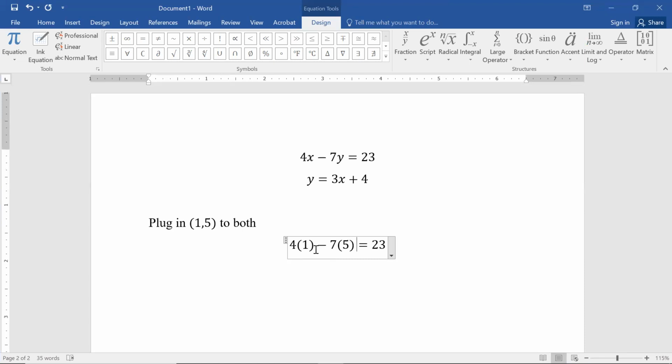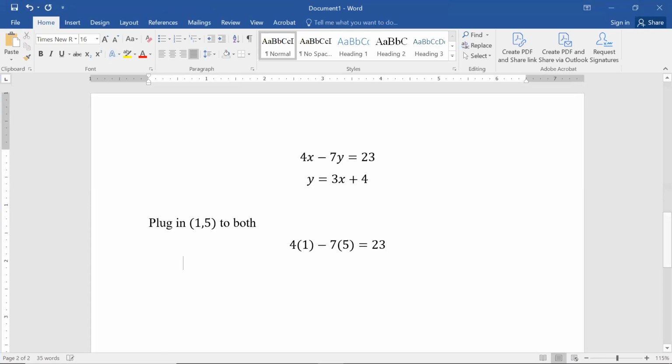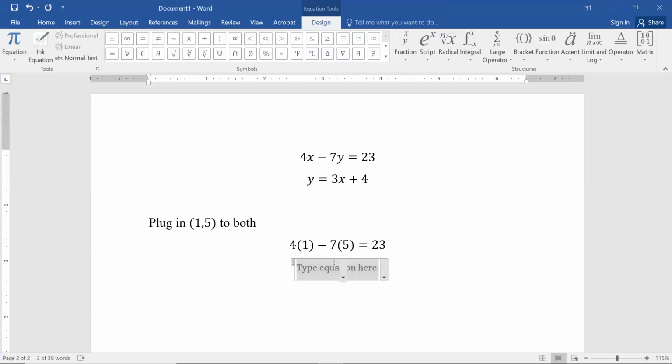I get negative 31 on the left, and 23 on the right. So 1, 5 is not a solution to this first equation.